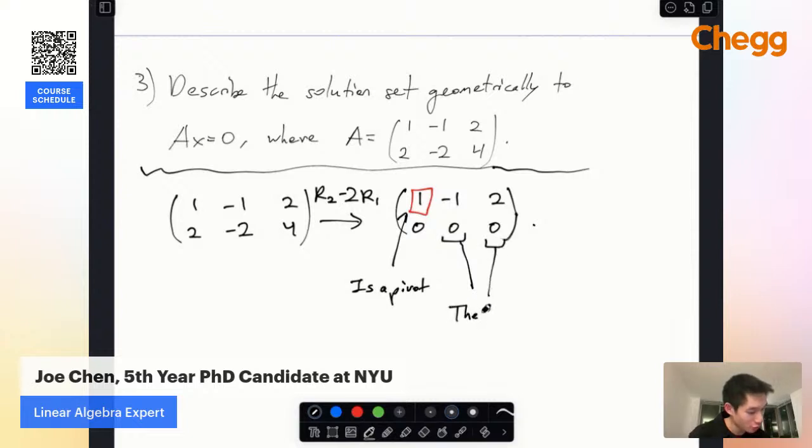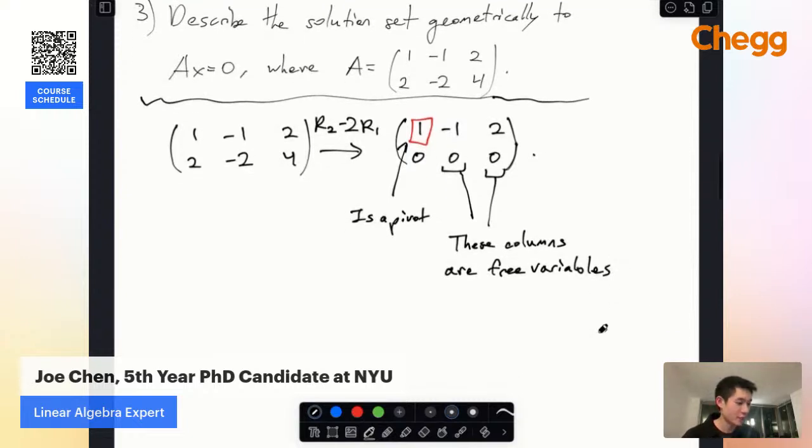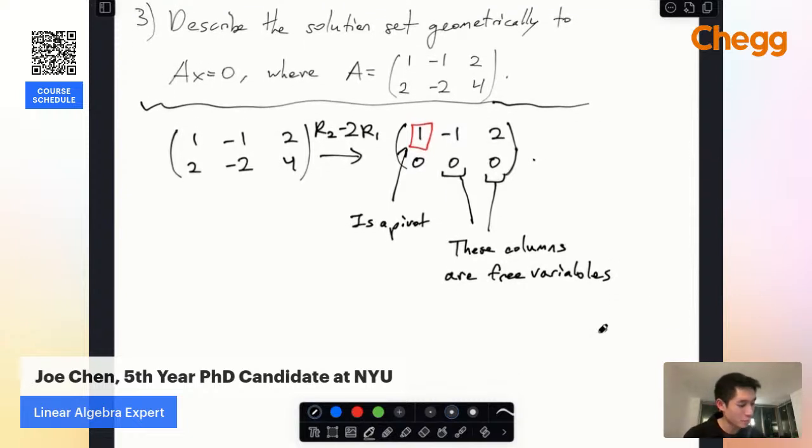So these two columns are what we call free variables. And so the number of free variables here is 2, and this corresponds to a solution set being a two-dimensional object, which is a plane in this case.